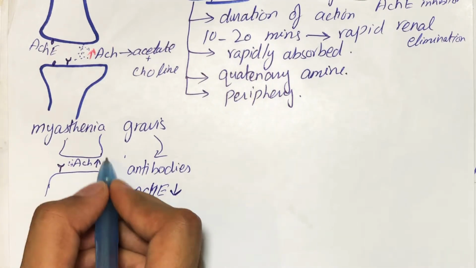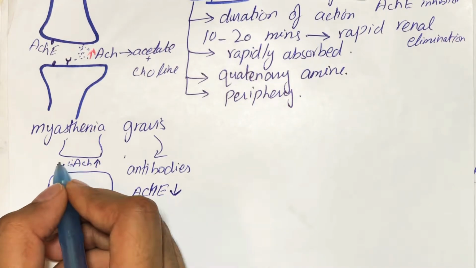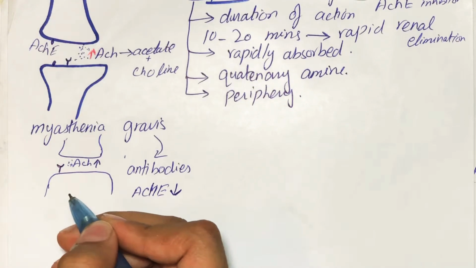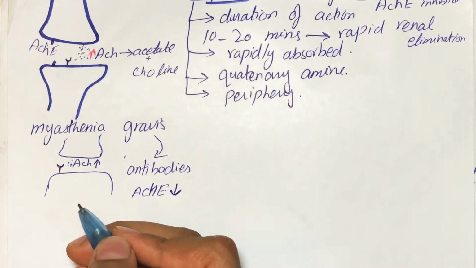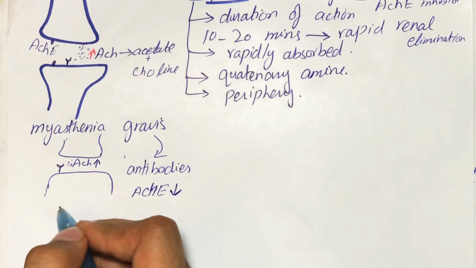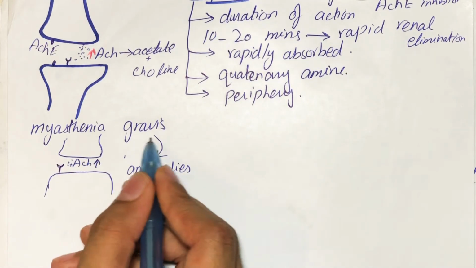This increased concentration of acetylcholine will again and again bind to the nicotinic receptors which are left behind, so it will continue showing its effect. In this way there will be some of the cholinergic response in the body which was previously decreased in the case of Myasthenia Gravis.